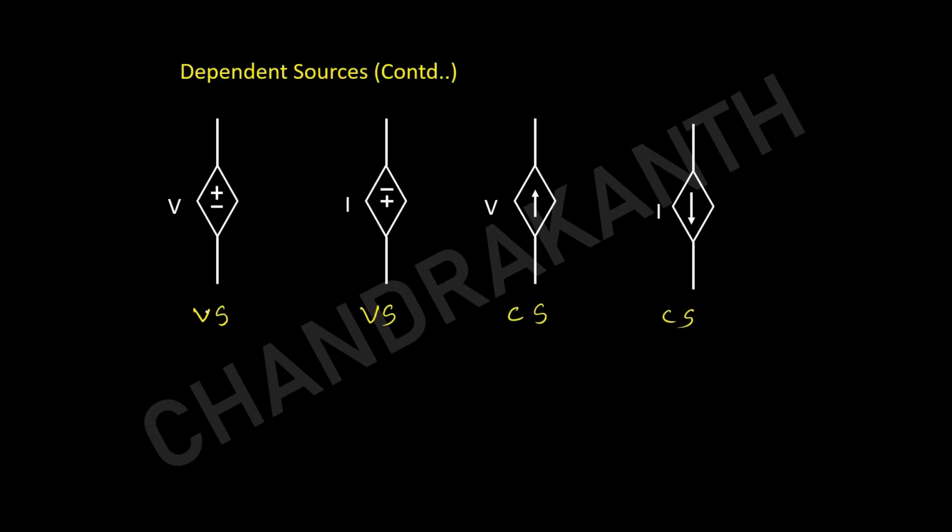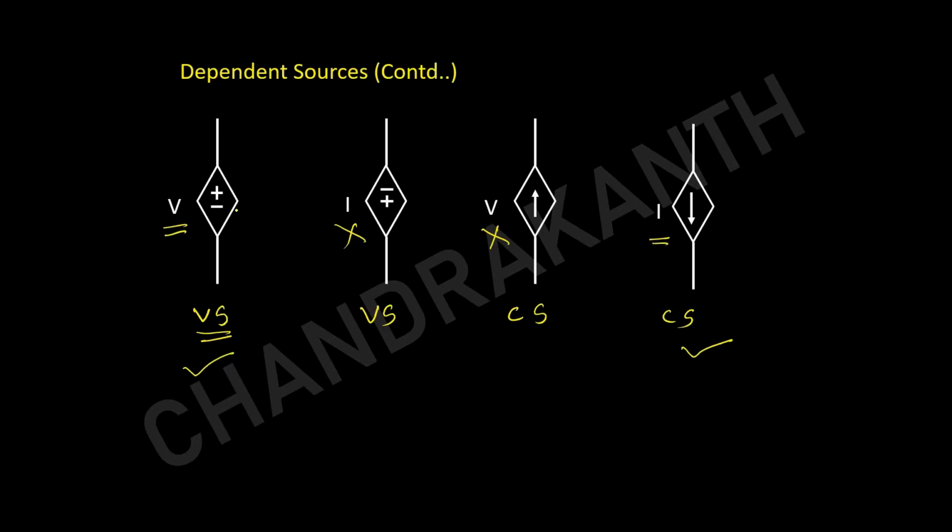A voltage source value should be in volts, not in currents. A current source value should be in currents, not in terms of voltage. That means these two sources are in correct representation.